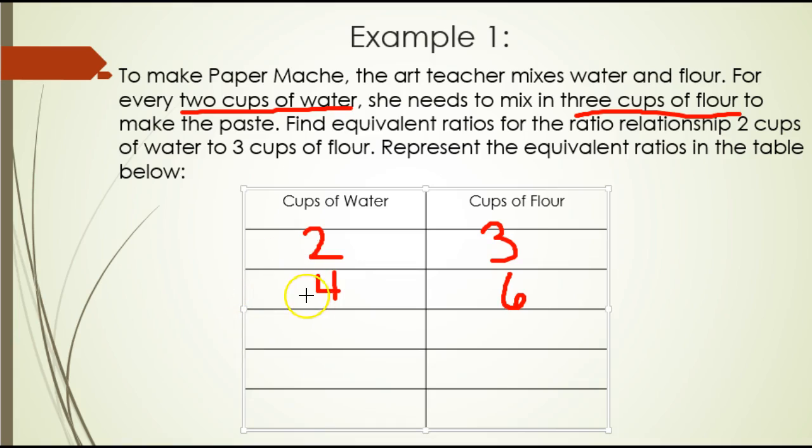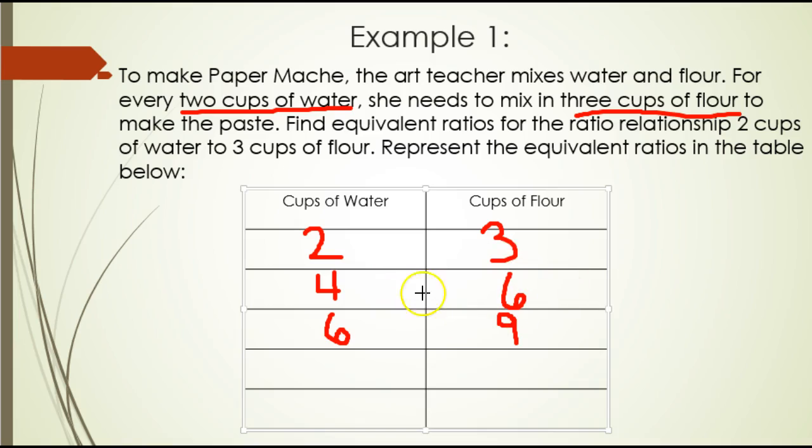For my next equivalent ratio, I'm going to multiply 2 by 3 and 3 by 3. So 2 times 3 gives me 6. 3 times 3 gives me 9. So I can say that for 6 cups of water, I have 9 cups of flour.